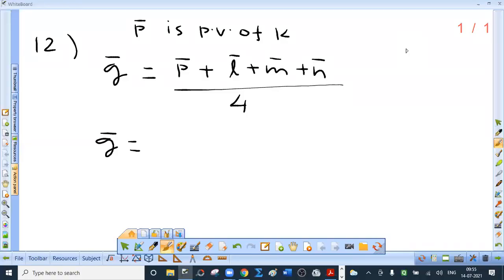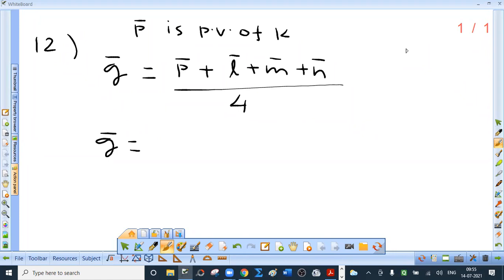Sum number 12. Find the centroid of tetrahedron with vertices K(5, minus 7, 0), L(1, 5, 3), M(4, minus 6, 3), N(6, minus 4, 2). Do not take K bar as position vector of capital K, because k cap or k bar is taken as unit vector along positive direction of Z axis. Okay.